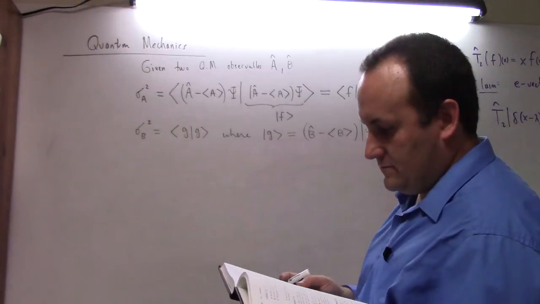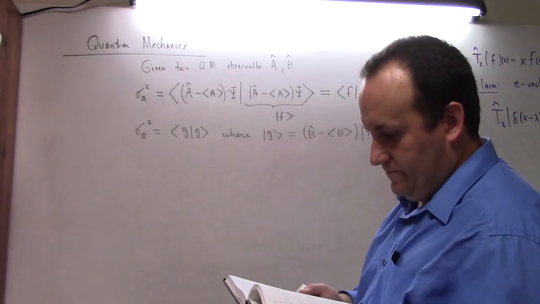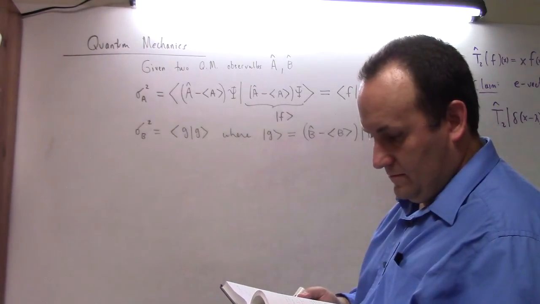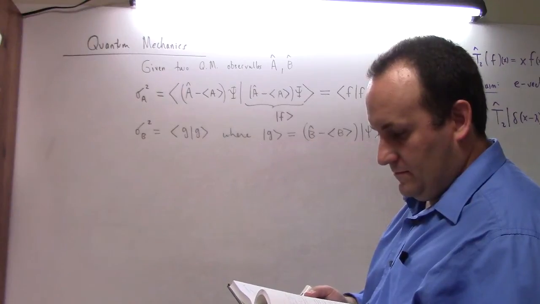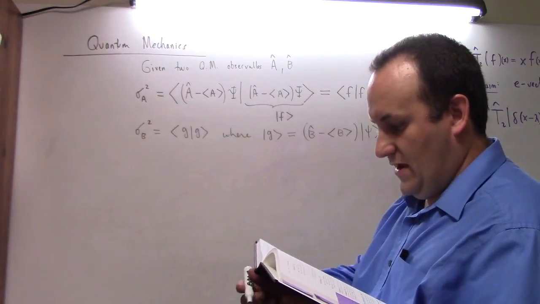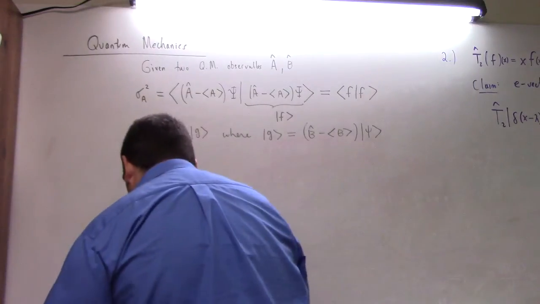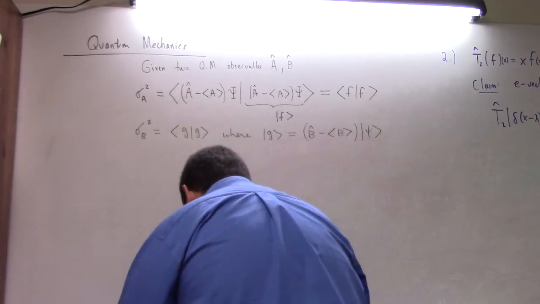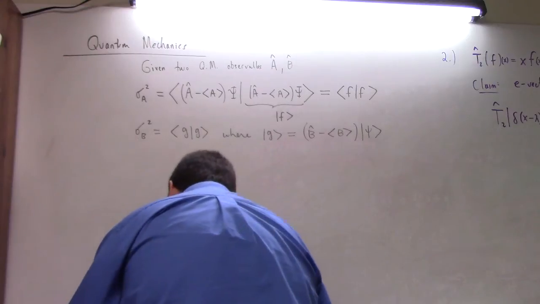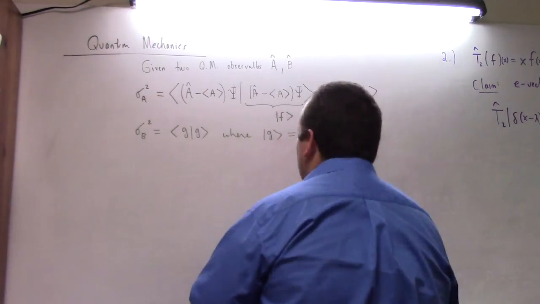Alright. And now he's about to invoke something. Okay, you ready? What are we going to invoke? We're going to invoke the Schwarz inequality.